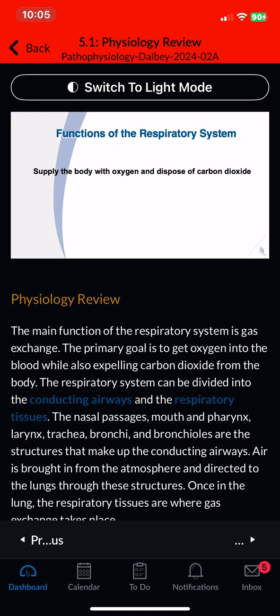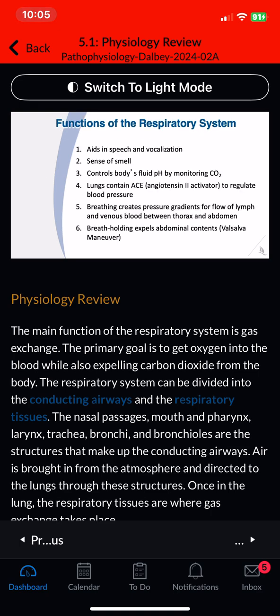The reason why we have to get rid of the carbon dioxide, if you remember, is that carbon dioxide is tied to pH. And if carbon dioxide increases in the body, it decreases the pH of the body, or it becomes acidic. So we need to have exchange of oxygen and carbon dioxide for our body to maintain homeostasis.